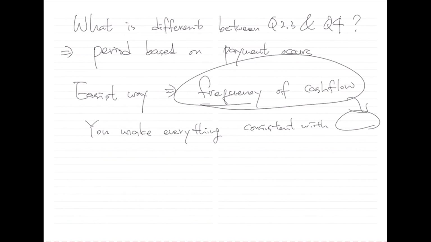It means drawing a timeline, checking the frequency of cash flow, and then calculating the period rate. And then sum them. That is the easiest way to calculate the answer.